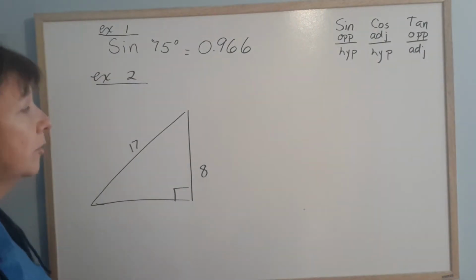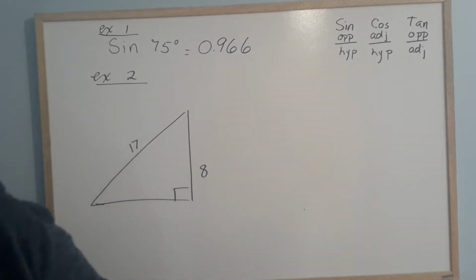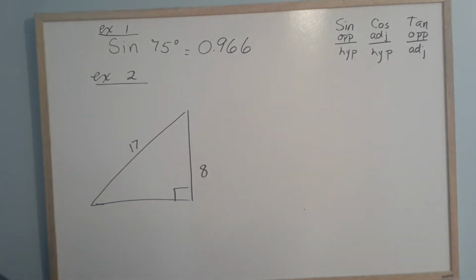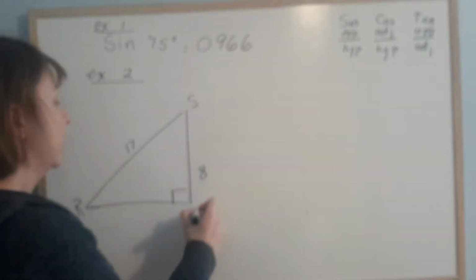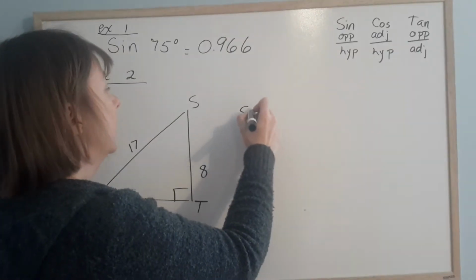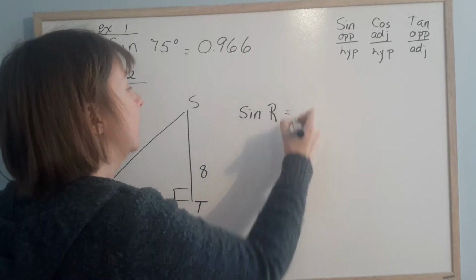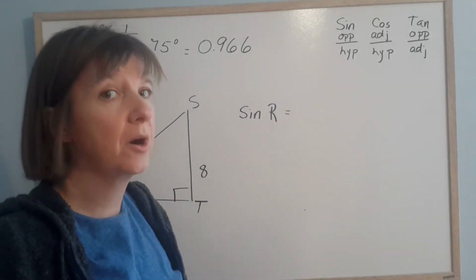And so then we get down to example 2, and they give you this triangle. And they label it RST. They ask for the sine ratio of angle R. They didn't ask you what angle R was in the first part of the question.